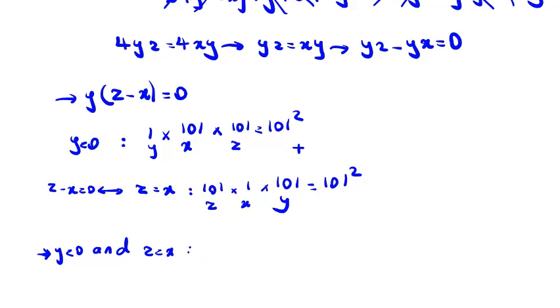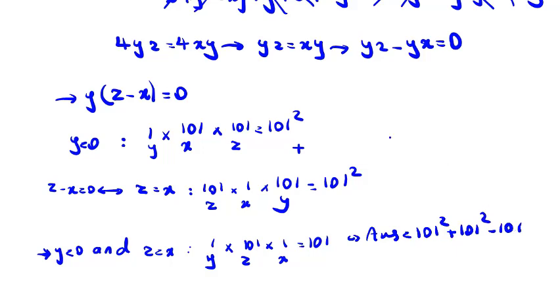Y equals 0, so y has one case, z has 101 cases, and x has one case because it equals z, so 101. So the answer is what? 101 squared plus 101 squared minus 101.